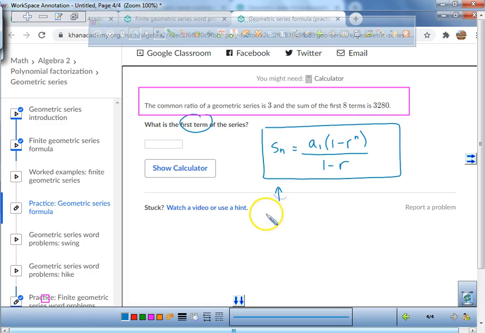So I'm going to start right here. 3,280. We're finding the first term, so I'll leave that as A1. Our common ratio is 3, so put 3. It says first 8 terms, so what power am I going to put there? Power of 8. And then 1 minus 3.